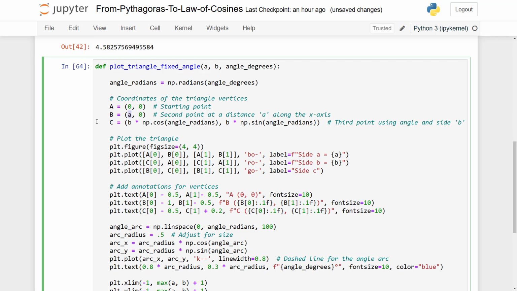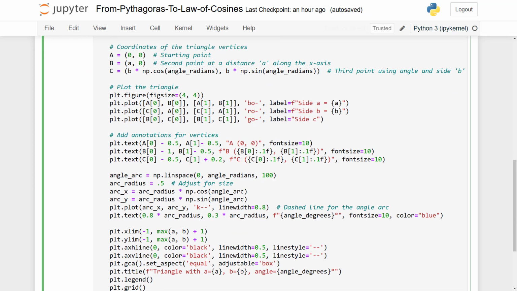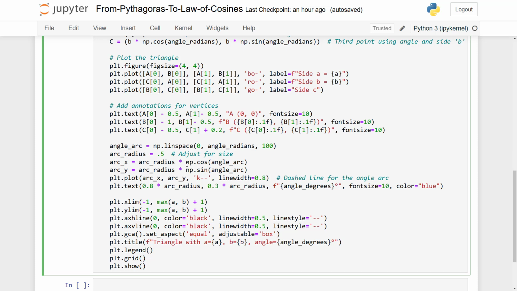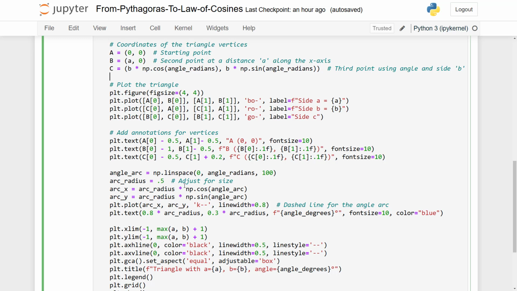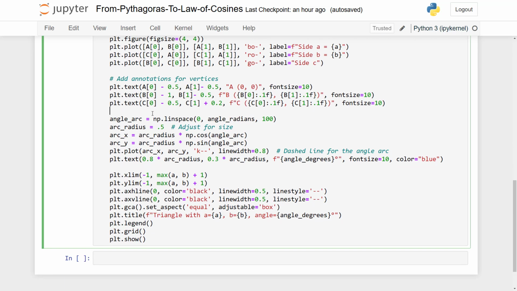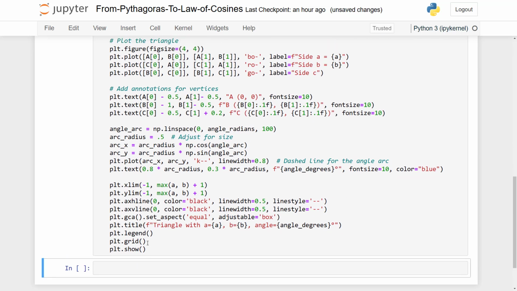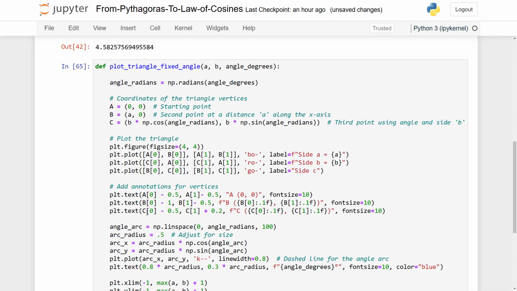You see, it's easy to calculate B once you have A, because it's obviously far away from A. So a triangle would be AB, like that, in a way. And then we have the C. Then we will be plotting the triangle. We'll be adding annotation to the vertices, and we'll be plotting everything. Let's take a look.